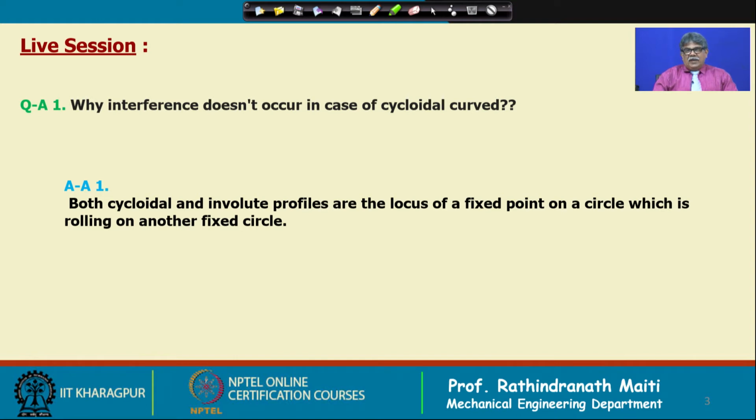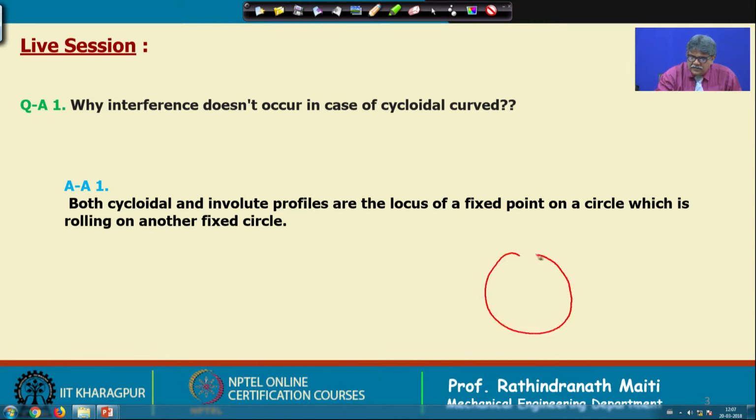Now, if we roll that same circle inside the circle, the curve, if we take the same point or another point, will be a hypocycloid.